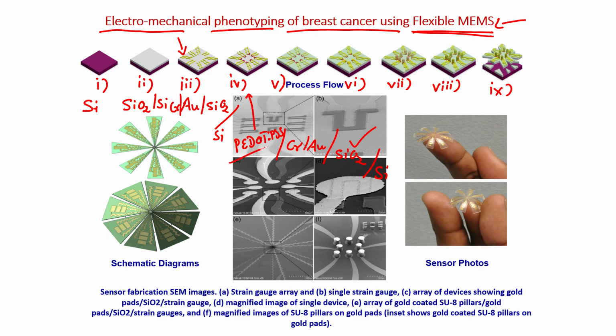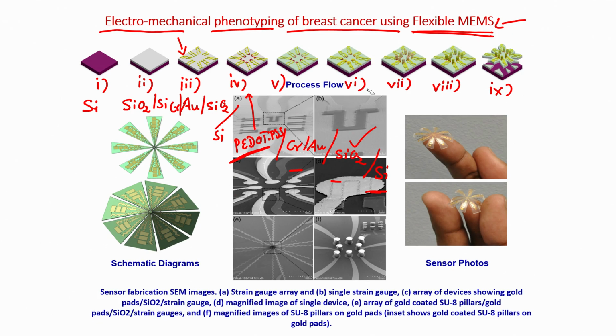Fourth step is PEDOT:PSS, that is patterned again using photolithography on chrome gold on silicon dioxide on silicon. So, the bottom layer is silicon, next layer is silicon dioxide, next layer is chrome gold electrodes, and on that layer we have PEDOT:PSS strain gauges, which you can see in A and B of the SEM image.